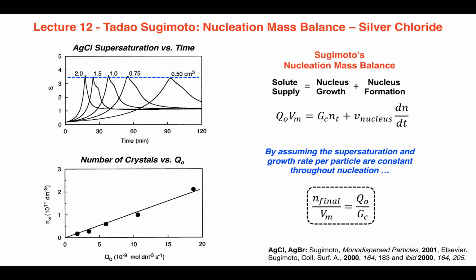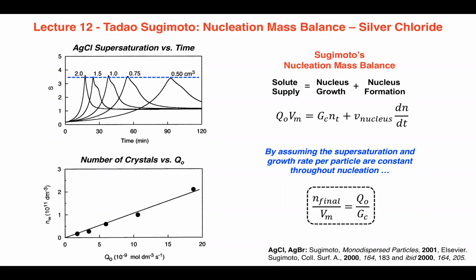The number of crystals that you produce is equal to the solute generation rate divided by the growth rate. Okay, those are those two arrows on the left, one producing solute and consuming it by growth. That ratio determines the number. Really simple. Fast kinetics, you get more particles.